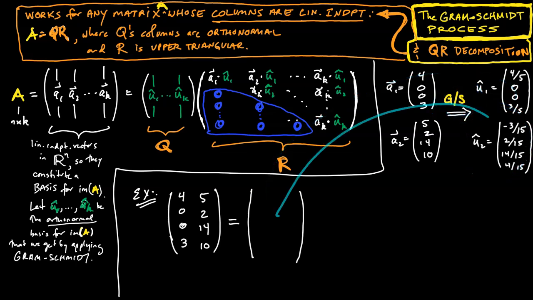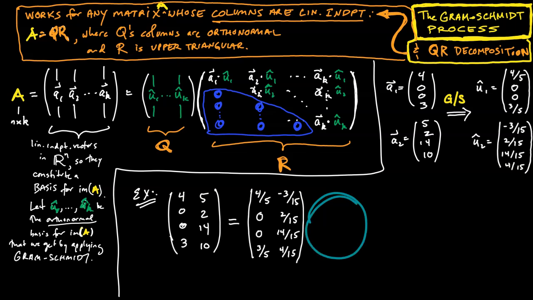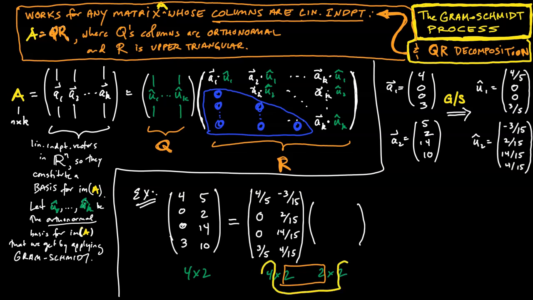So those will be like so, and our R matrix, our upper triangular matrix, is of course square. Only a square matrix can be upper triangular, and to make the dimensions work out right, that's going to have to be a 2x2 matrix, because if our initial matrix was 4x2, as is our Q matrix, the R matrix has to be 2 by something to make those inner dimensions match, and since it's going to be square, it will have to be 2x2. And that way, of course, the product turns out to be 4x2, exactly as it ought to be.